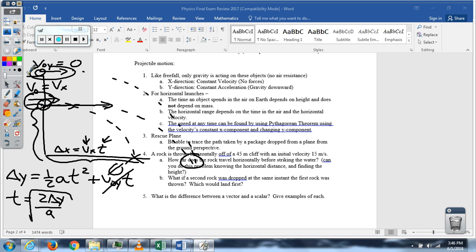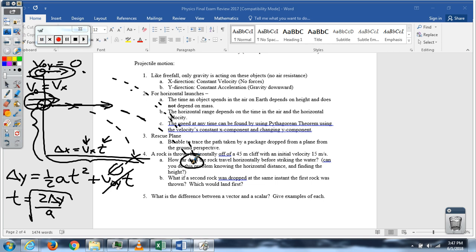You can arrange to fire this object at a speed great enough so that it hits this target in the time that it has to fall. And at the same time, you could arrange so that this object at a higher height spends more time in the air at a slower speed, and given that extra time in the air, it will hit the same spot. So that's important to realize.